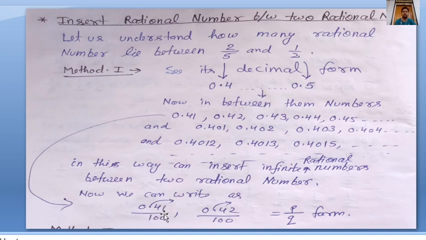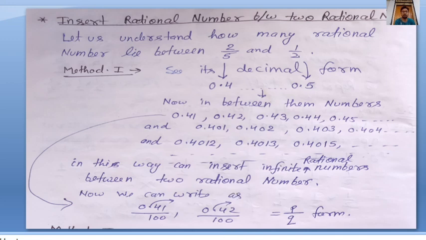This is p and this is q, so you write 0.41 in the form of p by q. Whenever you can write a number in the form of p by q, the number is a rational number, but the condition is that both numbers must be integers. You see 41 is an integer and 100 is also an integer, so this is a rational number. Similarly, you can write 0.42 in the form of a rational number.